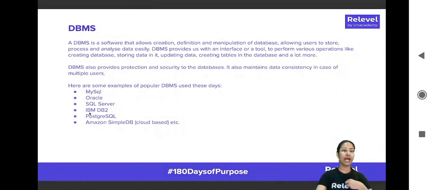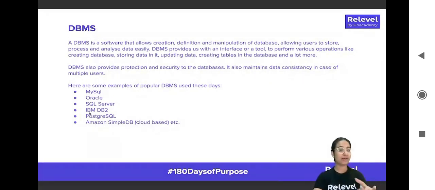And you cannot afford to lose this information, because if it comes into the hands of a wrong person, it can cause great problems for you. So what you want is a software which not just allows you to perform operations on the data, but actually keeps your databases really secure. So database management systems as softwares do provide these capabilities for protection and security to the databases as well.